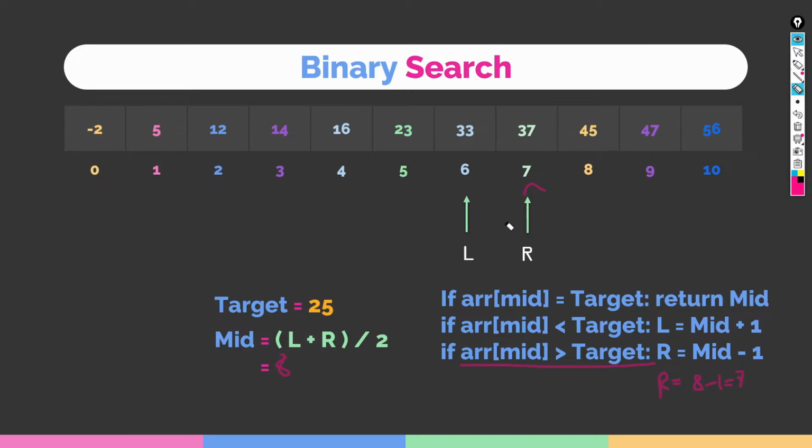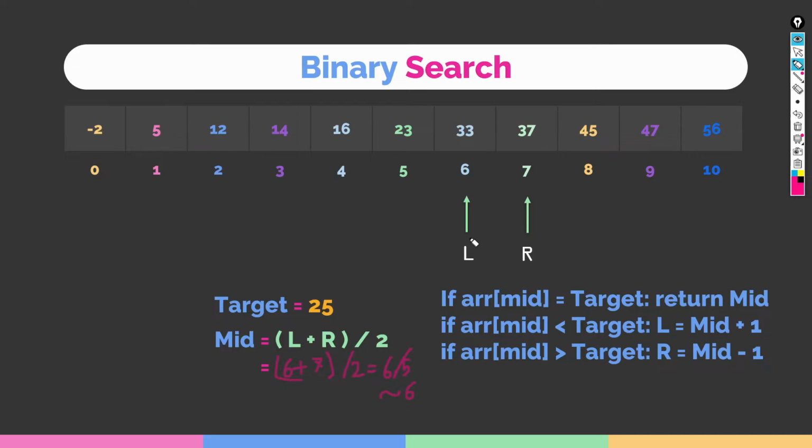Now in this case, the mid is 6 plus 7, which is 13, and 13 divided by 2 is 6.5, and we'll take 6 because we'll only take the integer part. So now mid is 6. Is it 25?